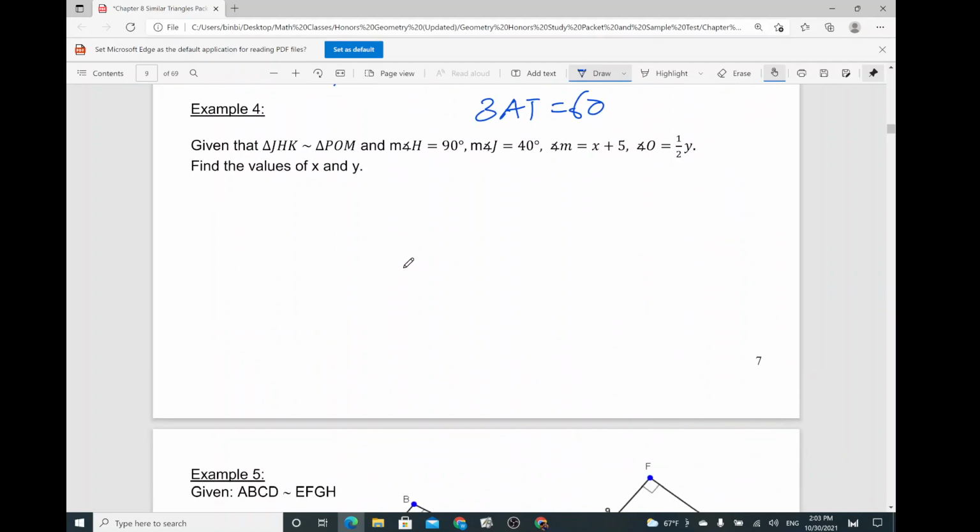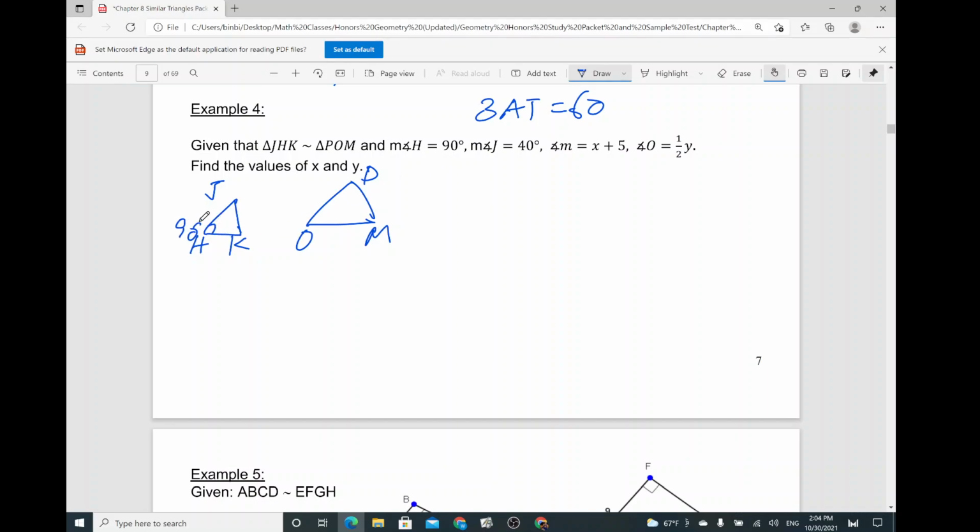So here's another example. Given that triangle JHK is similar to triangle POM. The measure of angle H is 90 degrees. Obviously the figure is not drawn to scale.